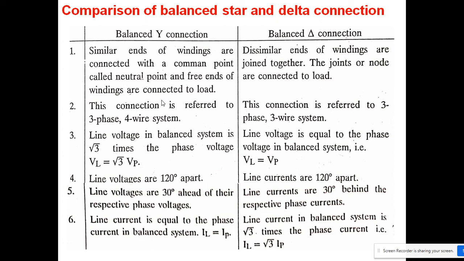In star connection, line voltages are 30 degrees ahead of their respective phase voltages, but in the delta connection the line currents are 30 degrees behind the respective phase currents. In star connection, the line current is equal to the phase current in the balanced system, but in delta connection, the line current is root three times the phase current.